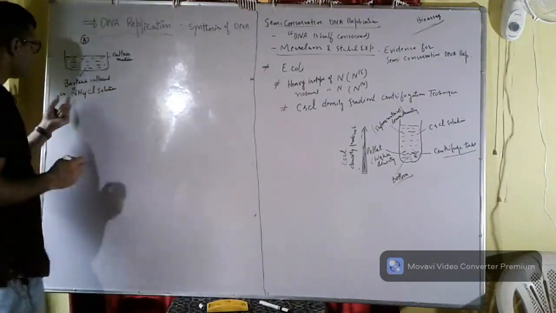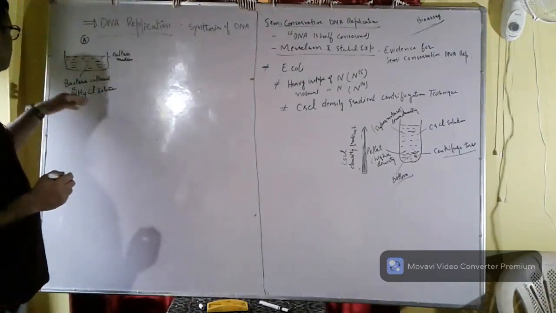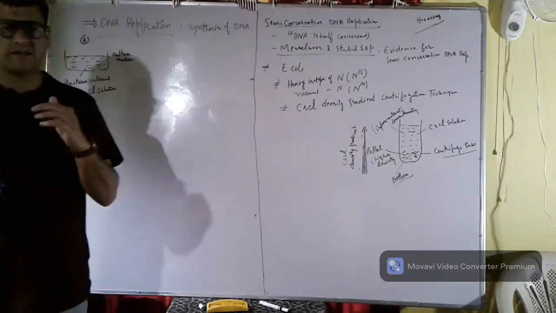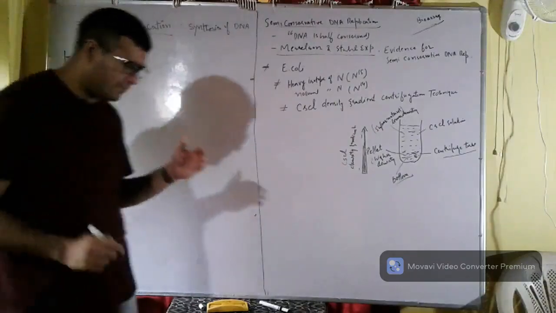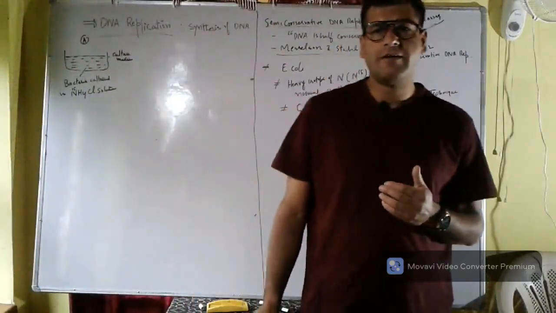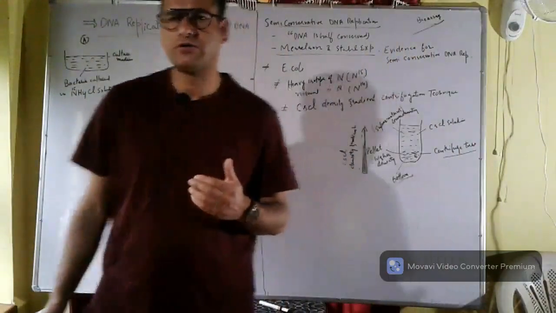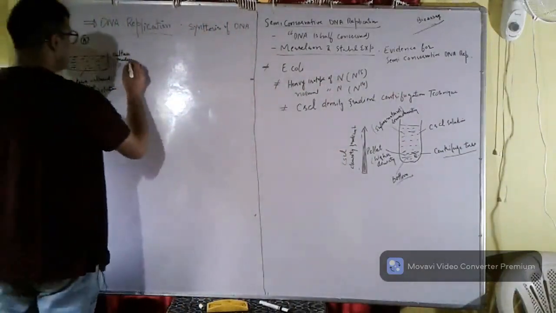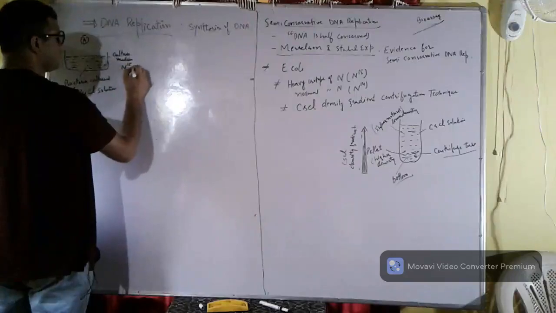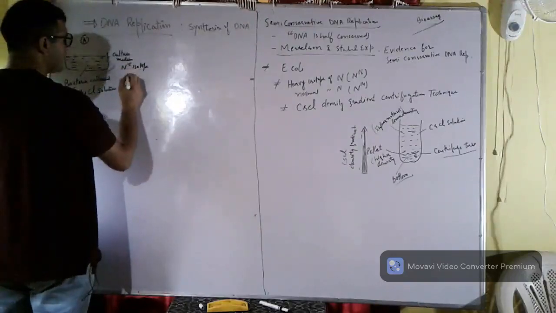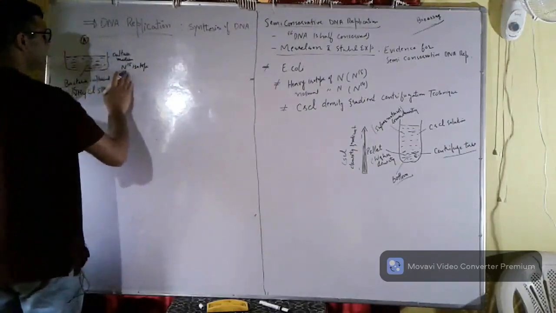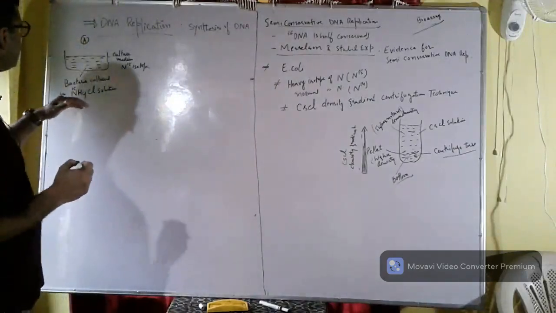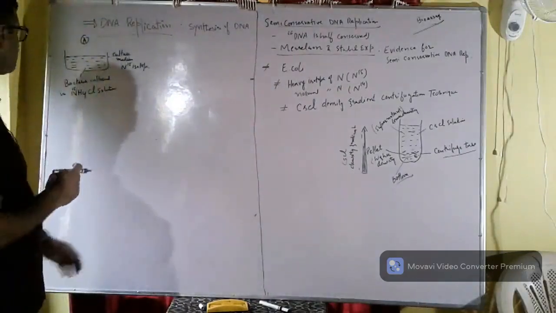But in this ammonium chloride solution, the nitrogen was heavy. That means the bacterial DNA will incorporate heavy nitrogen. These bacterial DNA would have nitrogen bases which have the heavy isotope of nitrogen, that means N15. So this culture medium has the N15 isotope of nitrogen. This is heavy nitrogen, and bacteria were cultured in this culture medium having the heavy isotope of nitrogen.